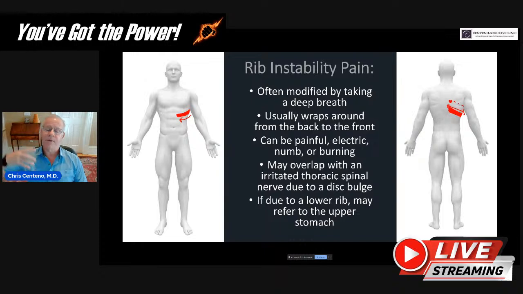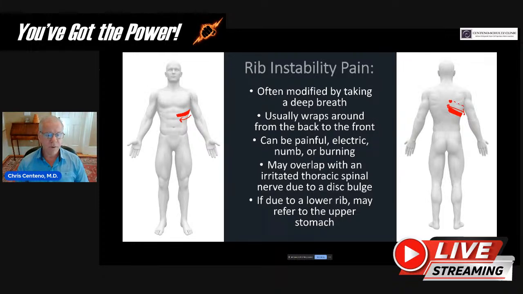They'll feel it when they take a deep breath in, when their ribs are moving. And you can have pain in this area. Sometimes the sensations are electric, numb, or burning. Now, when they're electric, numb, or burning, it may be slipping rib syndrome / rib instability, or it also could involve an irritated spinal nerve or even an intercostal nerve under the rib.